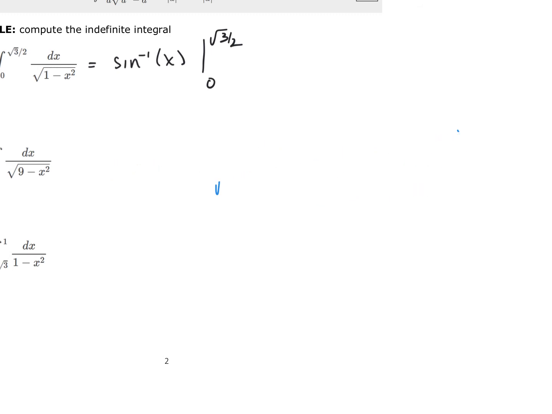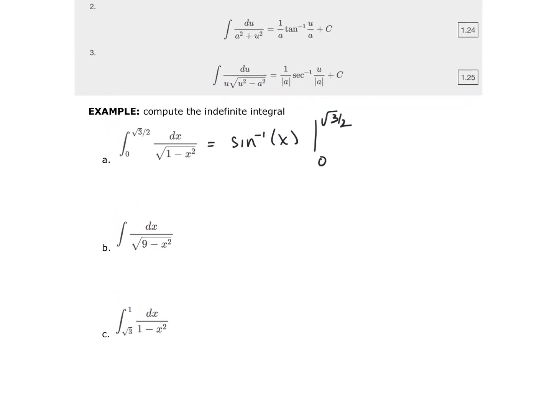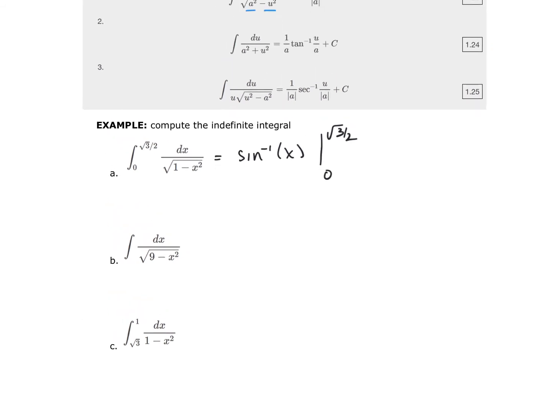So if I don't have memorized that this is going to be the sine inverse of x over the absolute value of 3, which is just 3, plus c, then I can just rewrite this as 1 over 3 times the square root of 1 minus x over 3 squared dx.